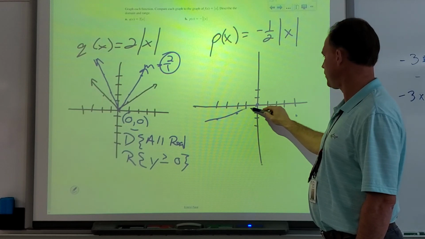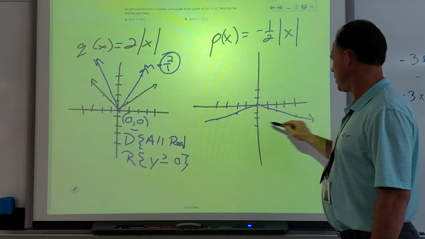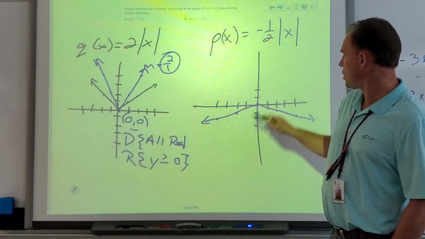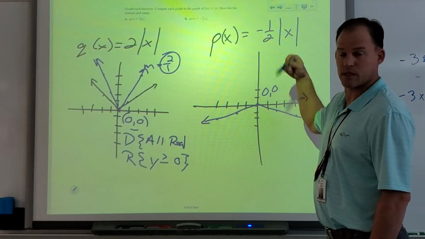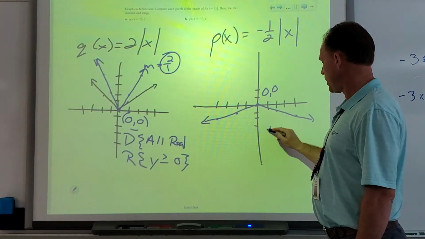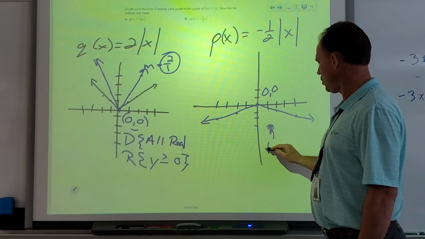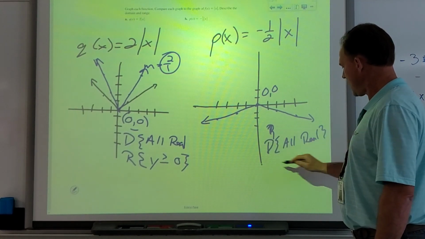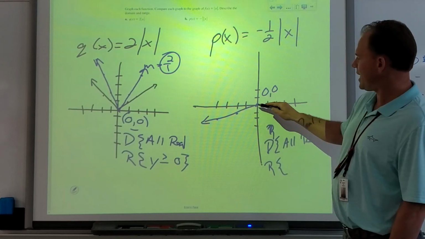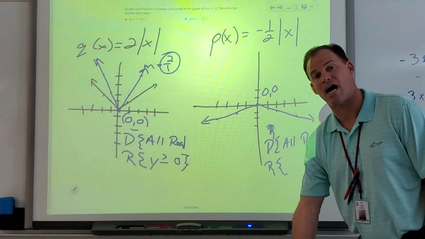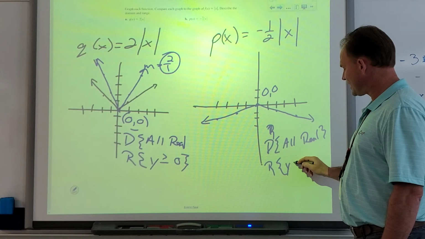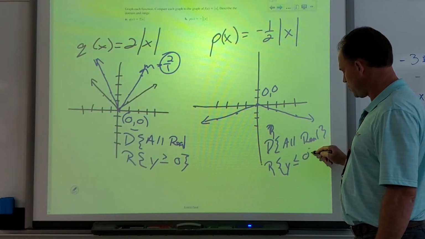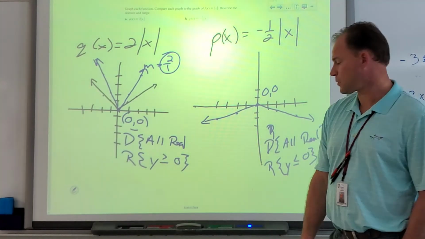So now I've got a graph that looks like this. The vertex is still at 0, 0, even though I'm upside down. My domain is still all real. My range, now I'm from here down. So my range is less than or equal to 0.